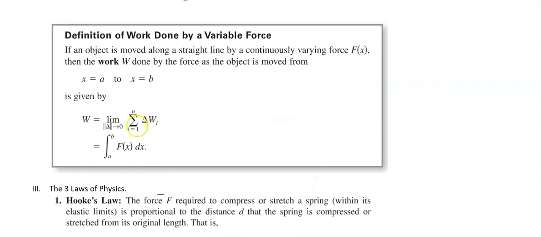If we consider infinitely many subintervals, so that those intervals are getting tinier and tinier, getting closer and closer to the actual amount of force at each point, then you think of this as an integral from a to b of f of x dx, because this is your delta x and this is your f of x. So we're just going to integrate it.